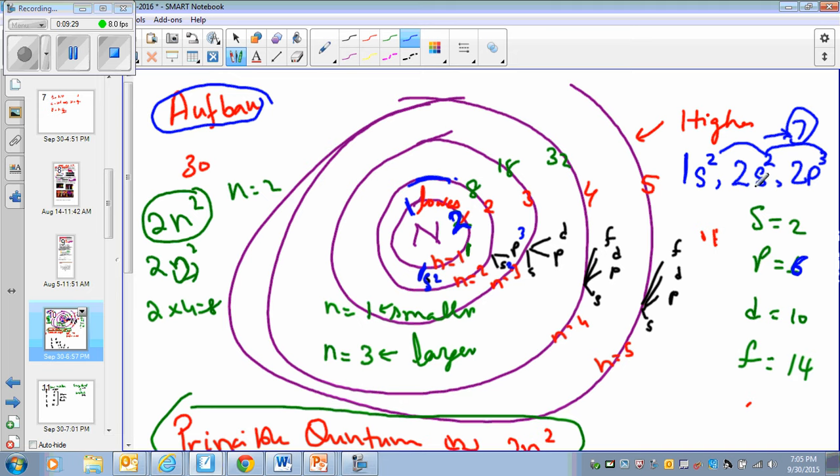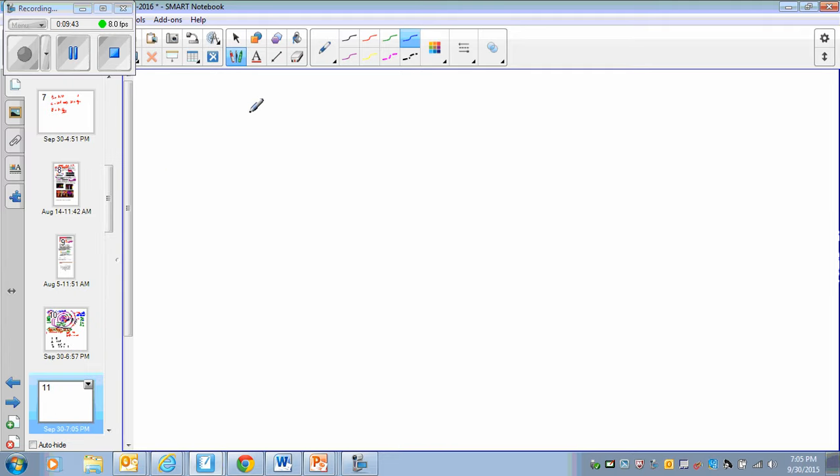Why did I go to 2s before I go to 2p? Because according to Aufbau, electrons always go to the lowest energy level. S has the least amount of energy, then P, then D, and then F. So you need to understand the sub-levels. There are 4 sub-levels, okay?